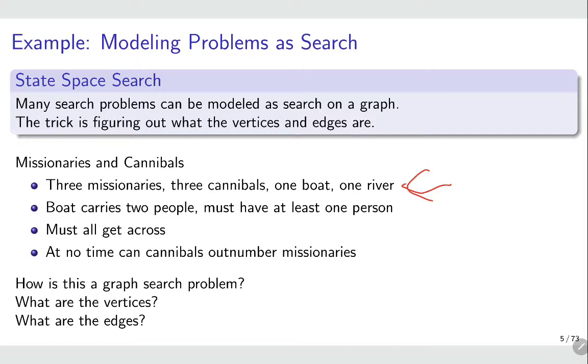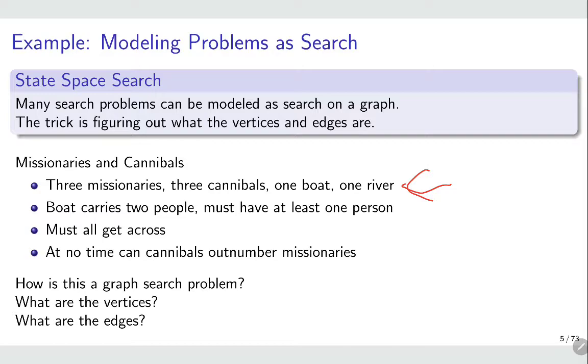Now, the problem is that you're not allowed to leave a minority of missionaries with cannibals because the cannibals would eat the missionaries. Okay, if you don't like this version, think about the version where you're not allowed to leave a cannibal with more missionaries because the missionaries would convert them.